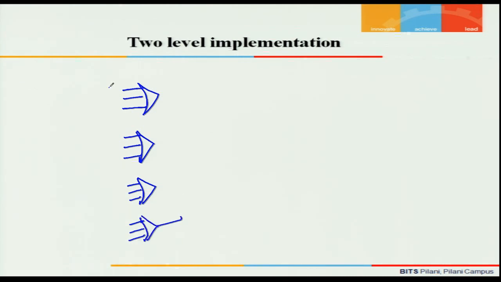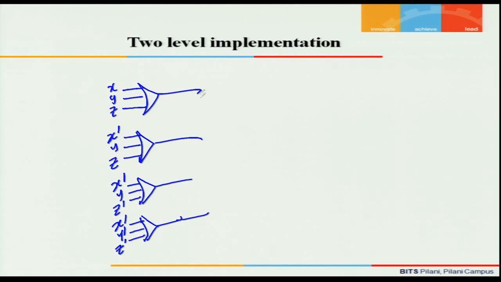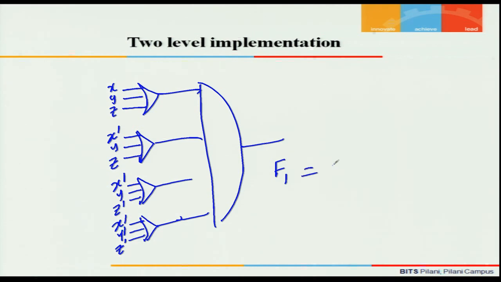The terms were x plus y plus z, x bar plus y plus z, x bar plus y plus z bar, x bar plus y bar plus z bar, which now pass through an AND gate to get the final output of f1 in the product of max term form.